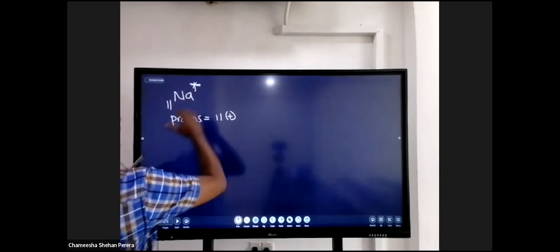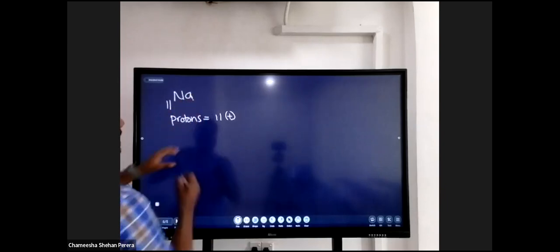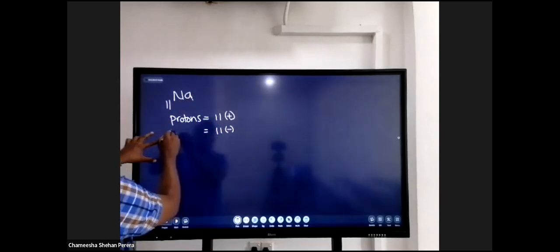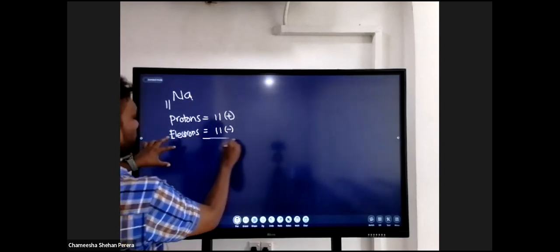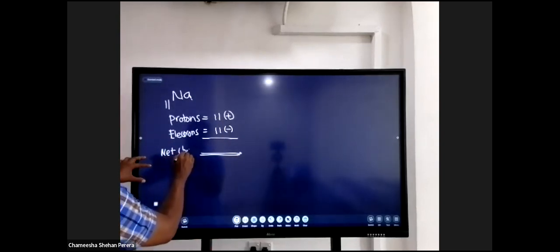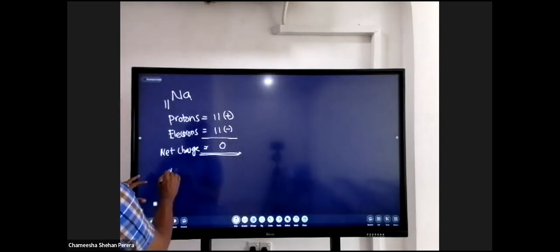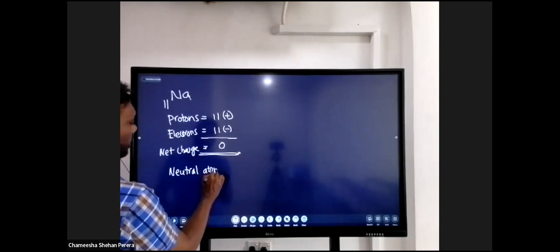There's nothing there, which means it is a neutral atom. So to cancel out this 11, you need 11 negative charges, which are electrons. When you check the net charge, it is 0, which means this is a neutral atom.